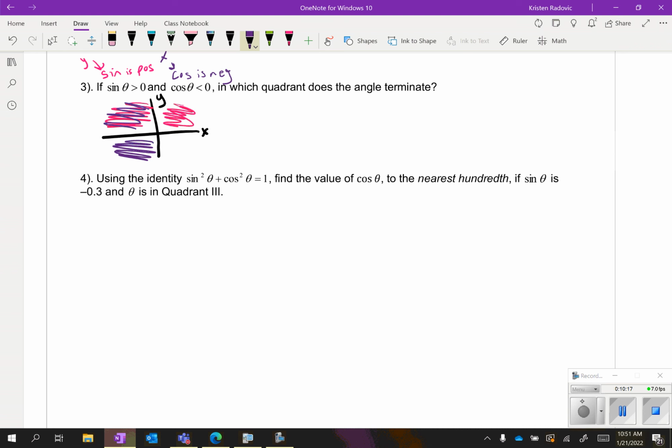Now they're asking that you want both of them to happen at the same time. And the overlap where they both happen, where sine is positive and cosine is negative, happens to be right here. Now your quadrants go 1, 2, 3, and 4. So they're talking about the second quadrant.